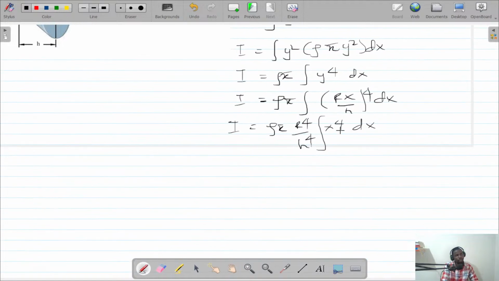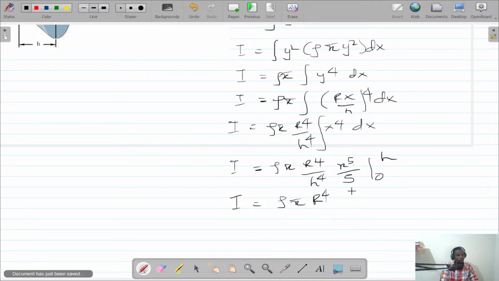So here the moment of inertia becomes I equal to rho pi r power 4 all over h power 4 multiplying x power 5 all on 5 from 0 to h, and I is equal to rho pi r power 4 all over h power 4 multiplying h power 5 on 5.